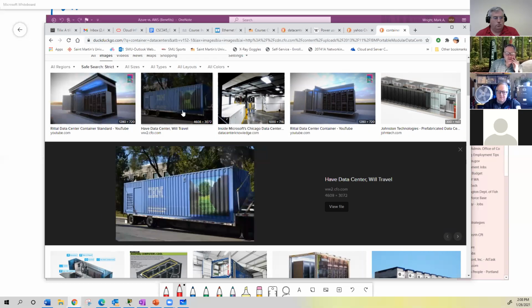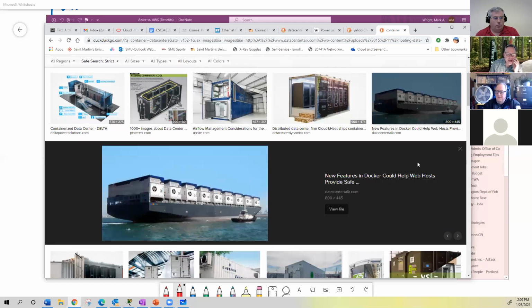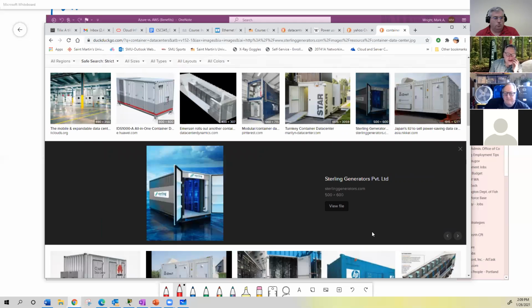This is a shipping container, basically. So you drop these things, you ship them in, you can bring them in from a boat, or you could bring them in on a semi trailer and drop it in.